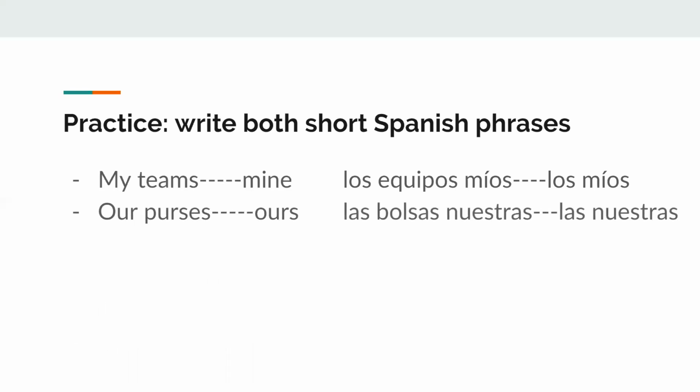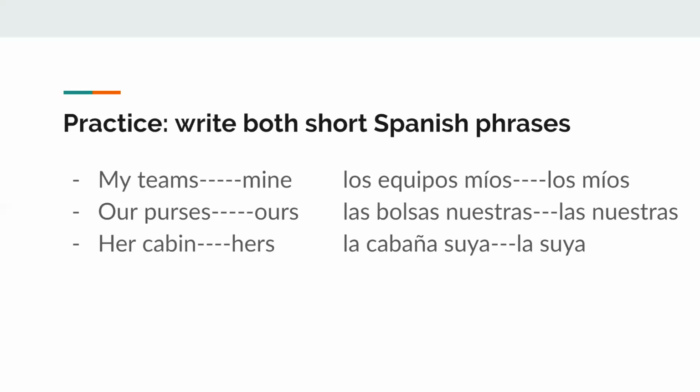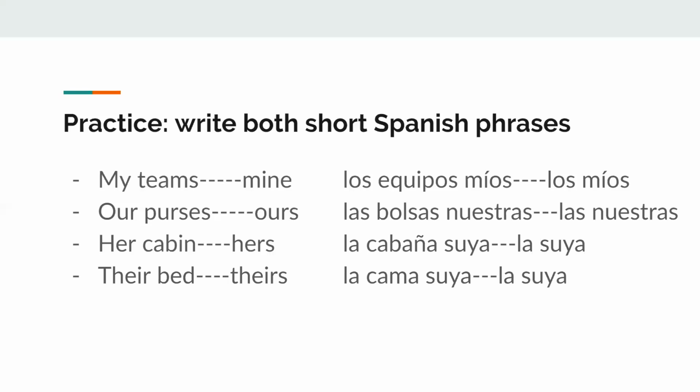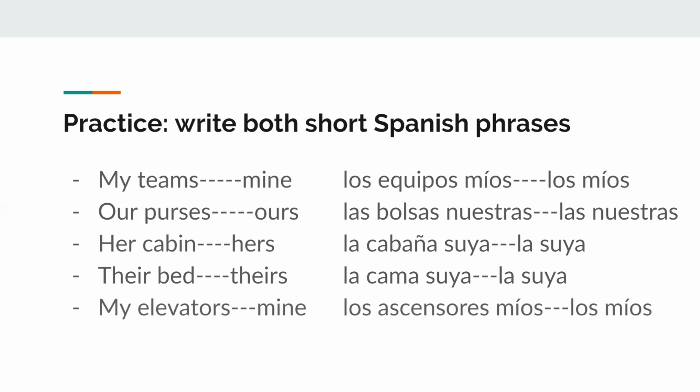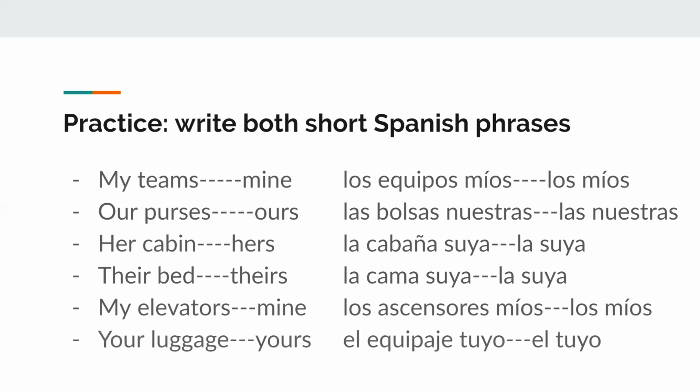Our purses, las bolsas nuestras, ours, las nuestras. Her cabin would be la cabaña suya, and hers is la suya. Their bed, la cama suya, and just theirs, la suya. My elevators, los ascensores míos, and just los míos for mine. And the last one, your luggage, el equipaje tuyo, and just yours, el tuyo.